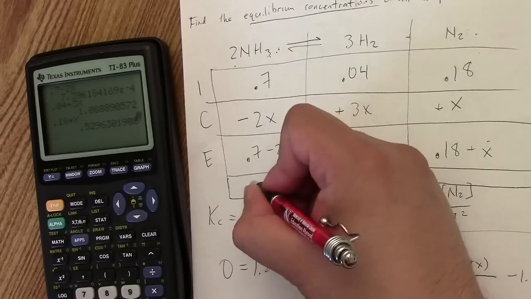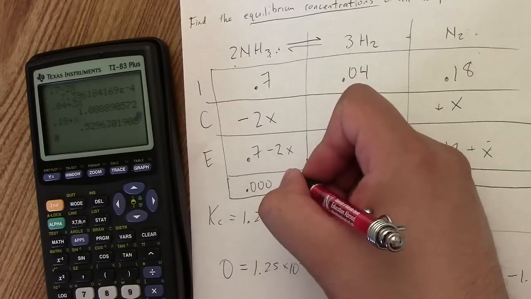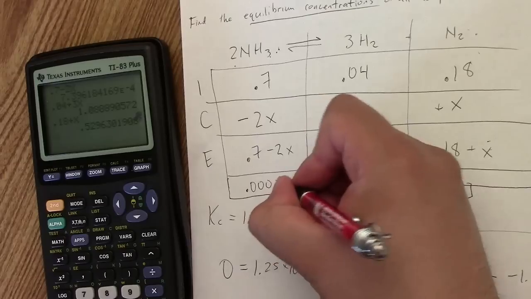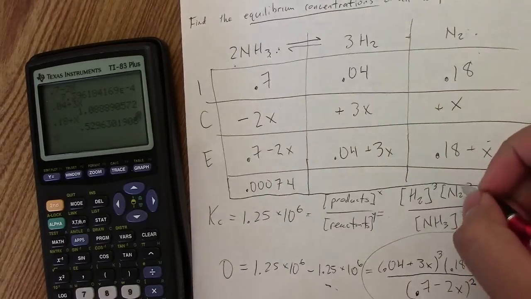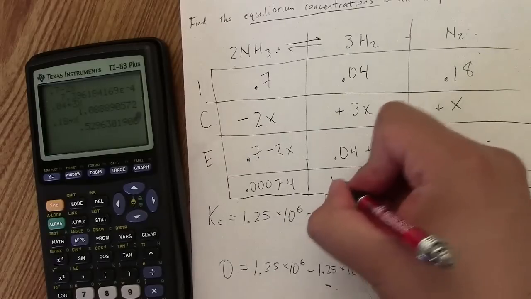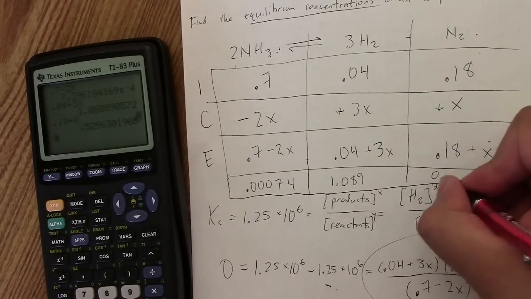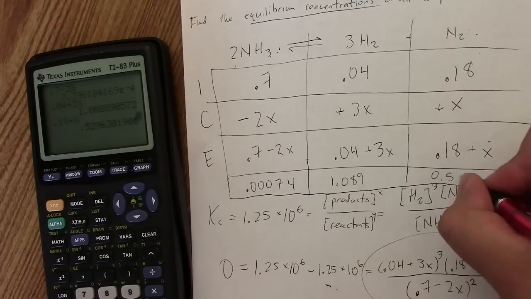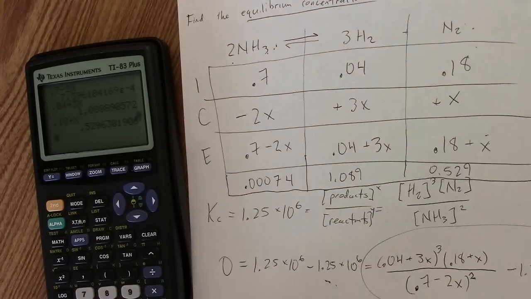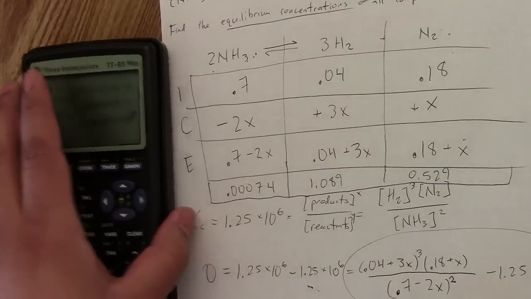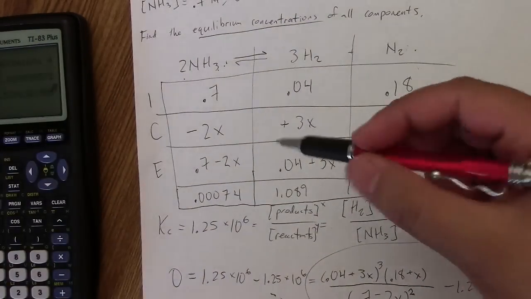Just to be absolutely clear that that's not 0, I want to write 0.00074. That's good enough for me. And then for these other two, this one was 1.089, and this one is 0.529.